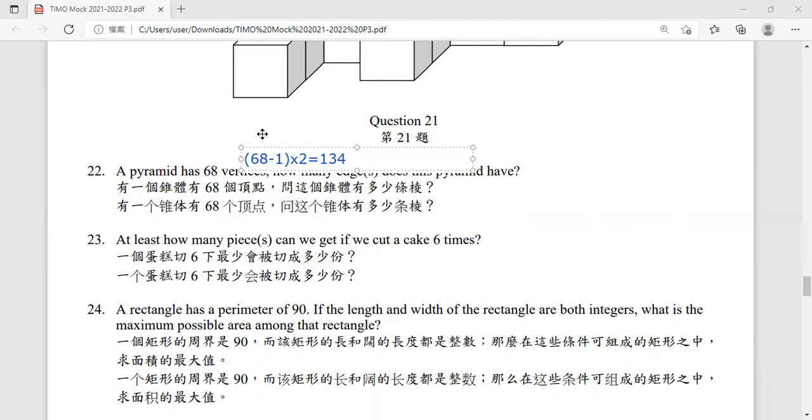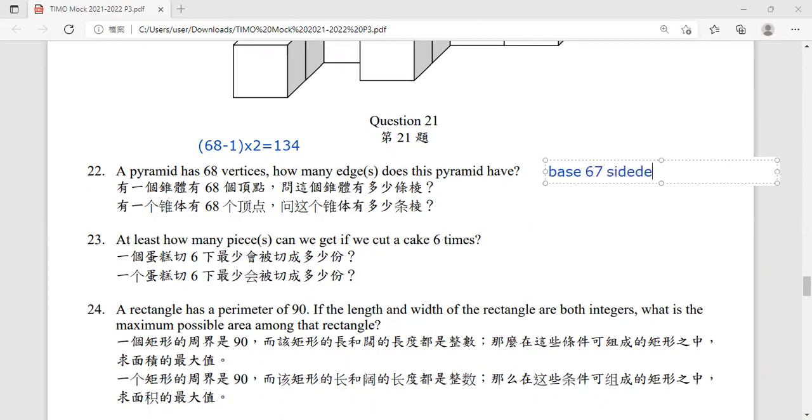Now for this one, maybe you have memorized the formula, so you just get the answer. But if you just repeat it, how can I get this answer? You know that because it's a pyramid, it has 68 vertices. So you should just think of the base, which will be a 67 sided polygon.